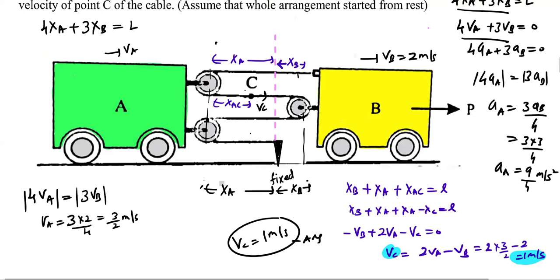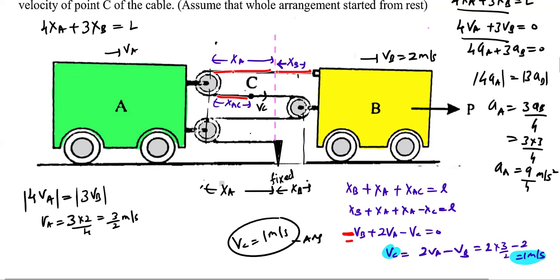Okay, now, sir, why are you writing this negative sign? As the block B moves, this length of the particular string will change. And this particular thing, XA minus XC. The negative sign will be if this length increases; if I take negative, the length decreasing will be positive.